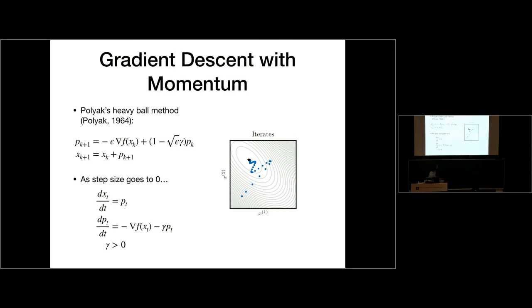And how do you do that? You introduce a second variable, p, here p_k, and p is going to accumulate the gradients of your function.